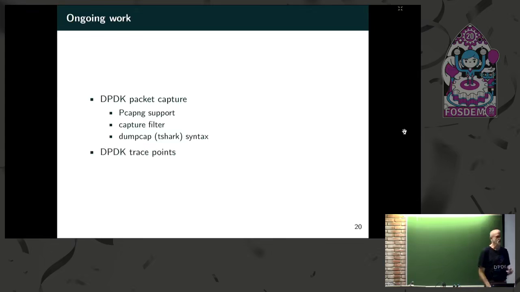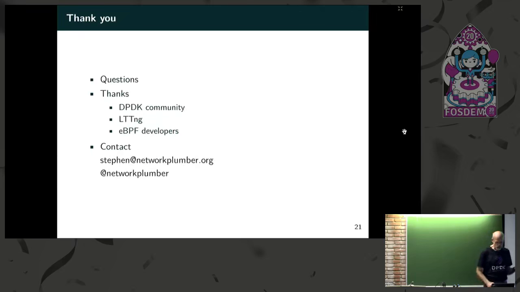And there's ongoing discussion on the mailing list of how in DPDK we can have a standardized set of trace points so that other tools can get in and use them. And I wanted to leave some time for questions, so I sped up as soon as the flag went up. I will now open the floor for some questions for a minute or two.